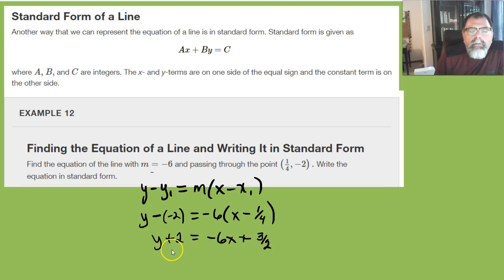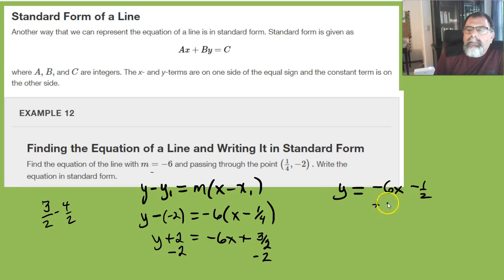Okay, we're going to add 2. No, sorry, we're going to subtract 2. And we get y equals -6x plus, let's see, 3/2 minus 4/2, since 2 is 4/2. That would be -1/2. Okay, so that's slope-intercept form, but we want it in standard form.